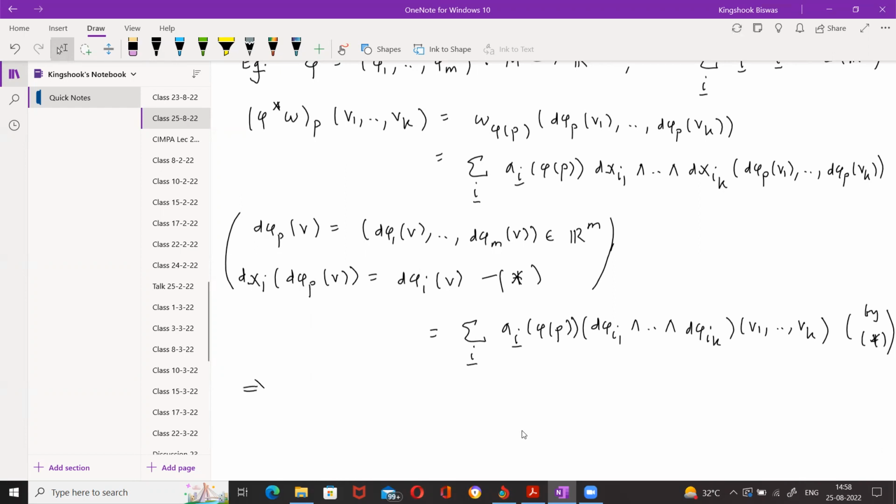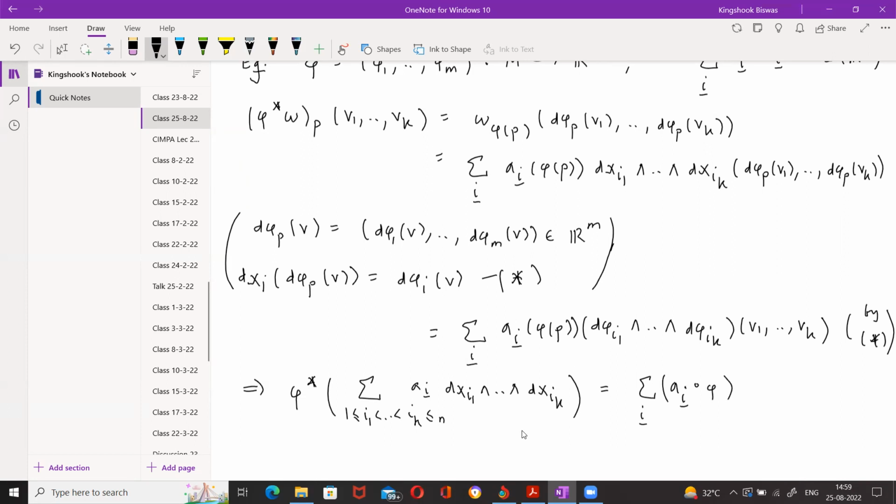So therefore, phi star omega, or maybe I should write it this way, phi star of the sum over I1 to Ik of A_I bar dx I1 wedge dx Ik is equal to the sum over I bar of A bar composed with phi.